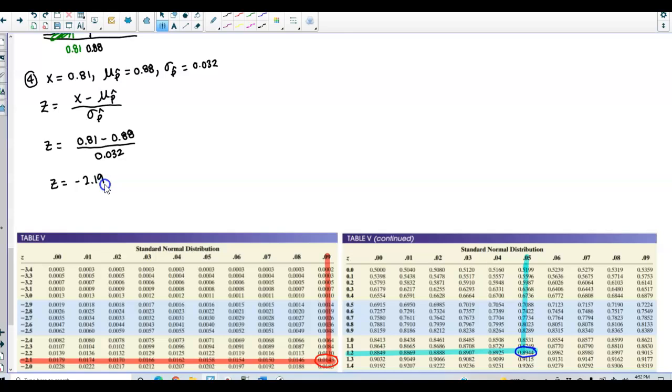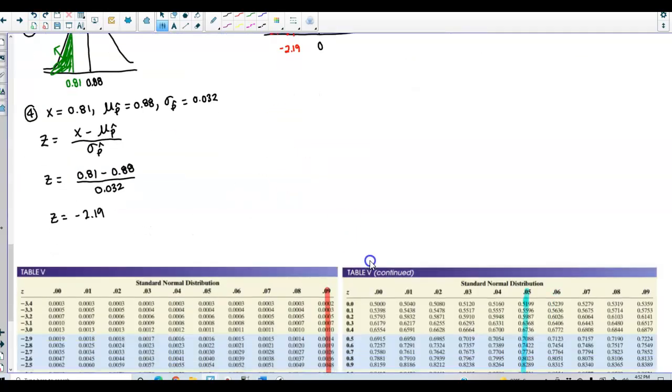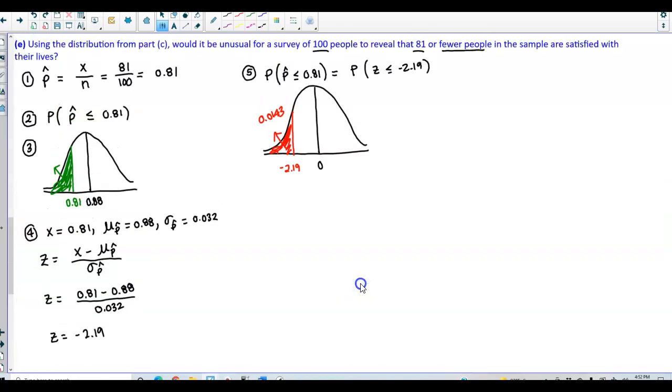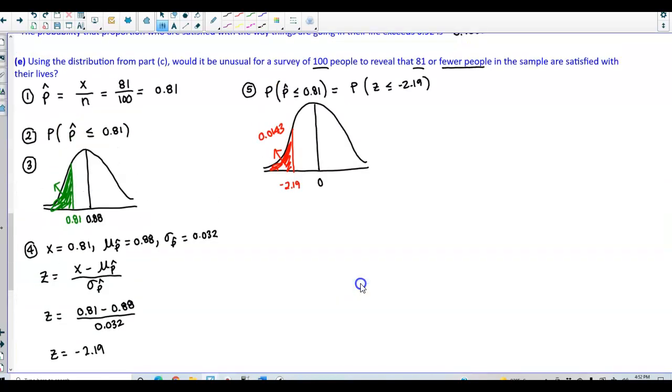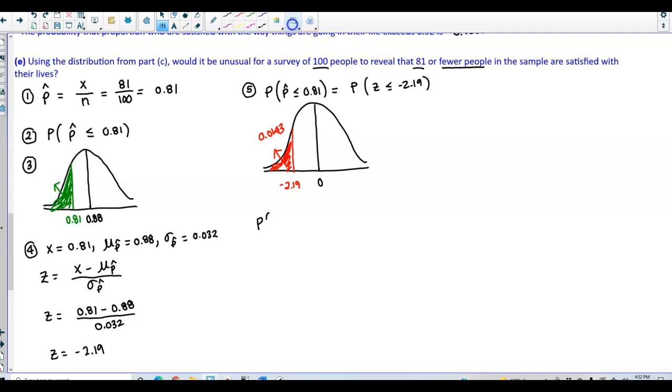Okay. I'm sorry. Other way. 0.0143, I believe. Okay. And so now we found that the probability that the population proportion would be less than or equal to 0.81 is equal to 0.0143.